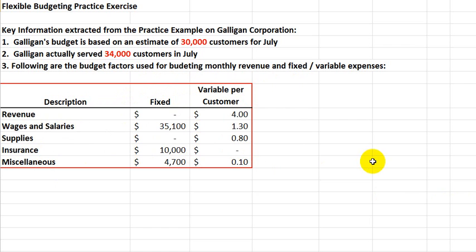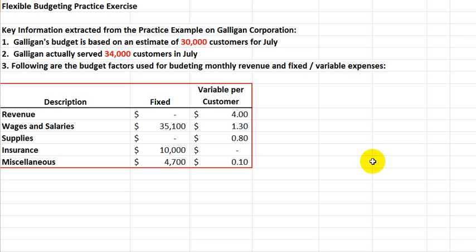They also provided you the actual results for the month of July based on the 34,000 customers they actually had, with the actual revenue and the actual expenses. The requirement here is to prepare a report that shows the activity variances for July.